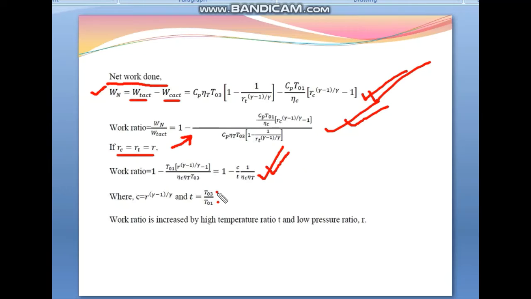So this is the expression for work ratio. We can see the work ratio is increased by high temperature ratio small t and low pressure ratio.